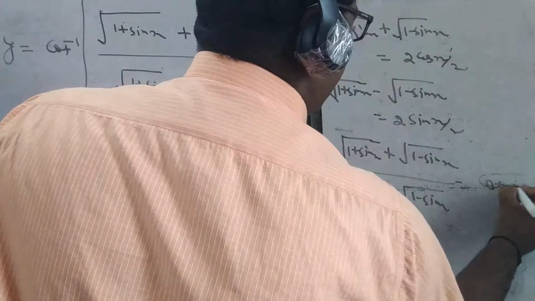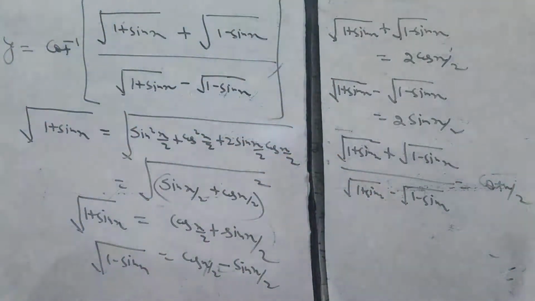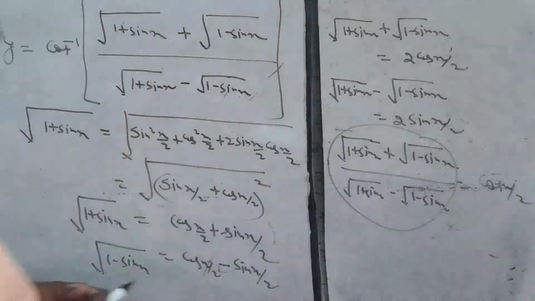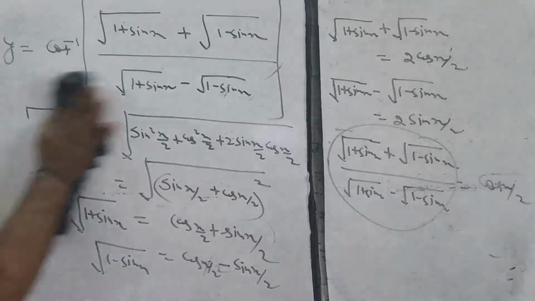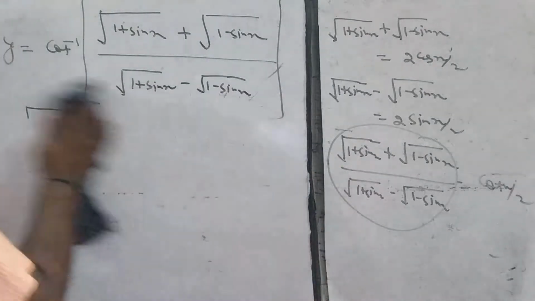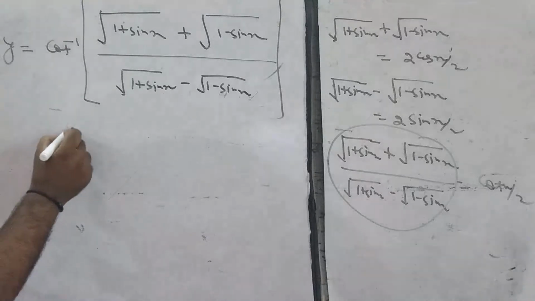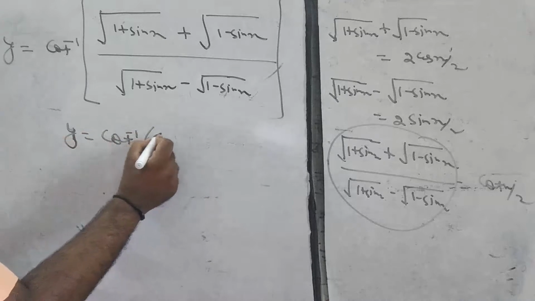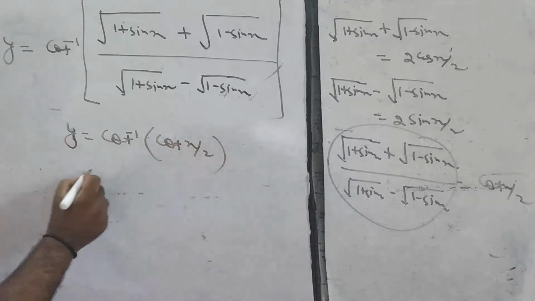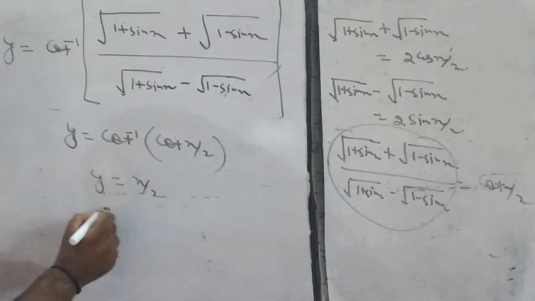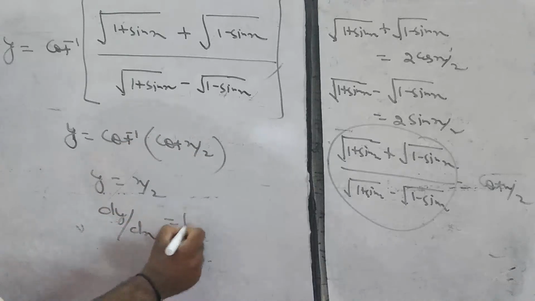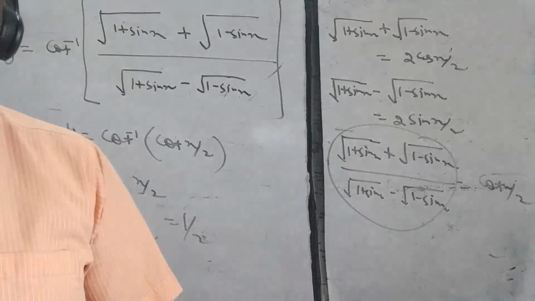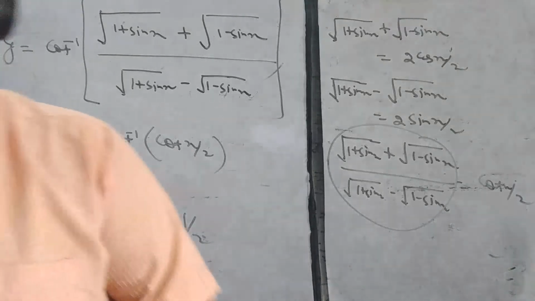It becomes cot x by 2. So finally put the value of this one as cot x by 2. Now the value of y becomes y is equal to cot inverse cot x by 2, or y is equal to x by 2, or dy by dx is equal to 1 by 2. So thank you for today's video class. I will meet you in the next video session.